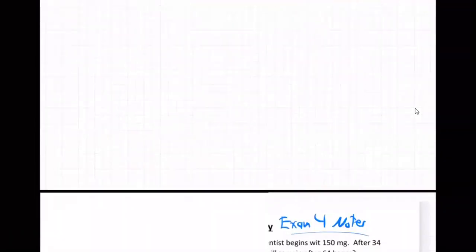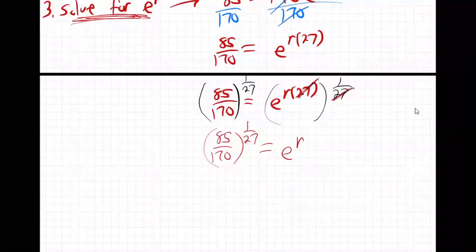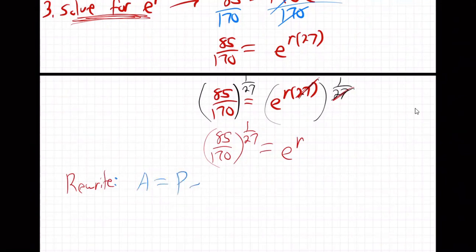Now, why did we do that? Well, let's go down here and rewrite A equals, putting that in the place of e to the r. So now I'm going to rewrite the formula here. It's A equals P e to the rt.